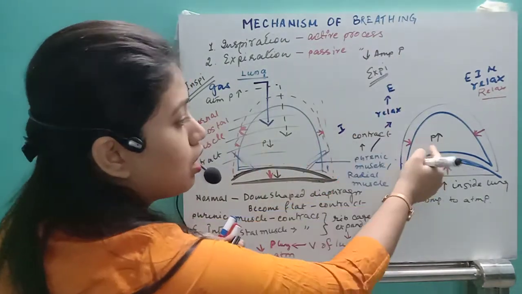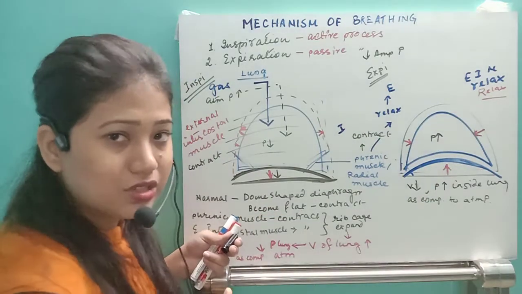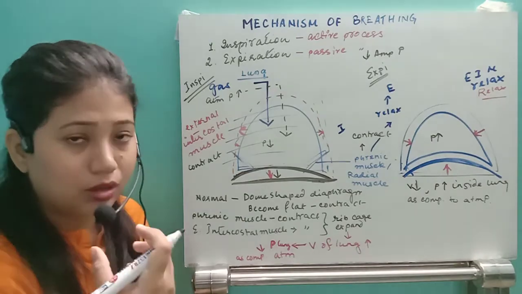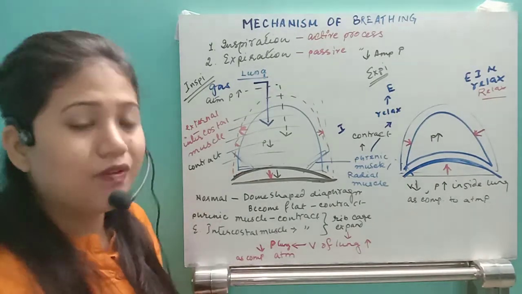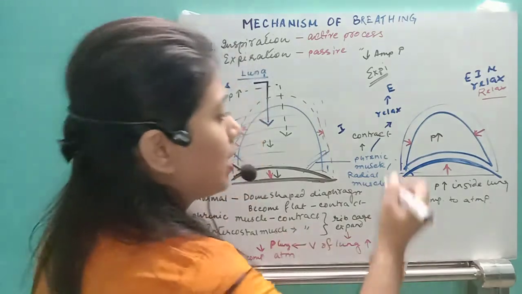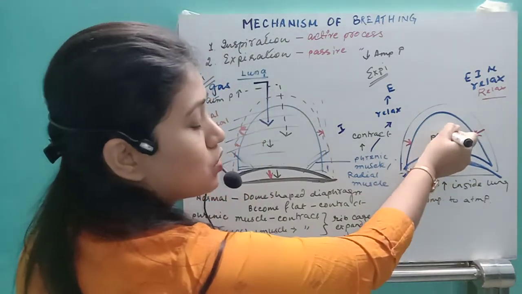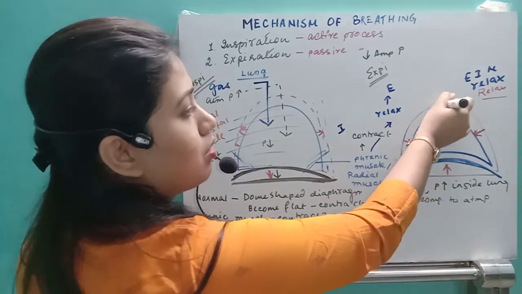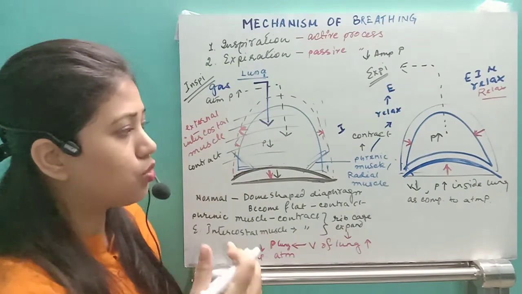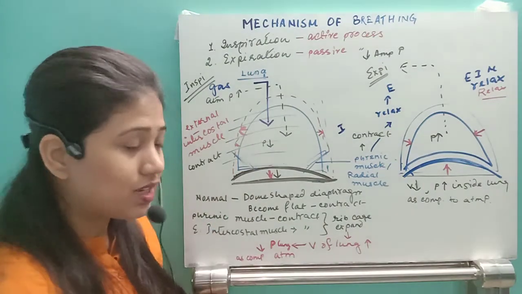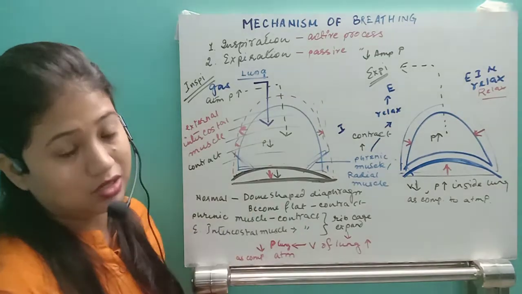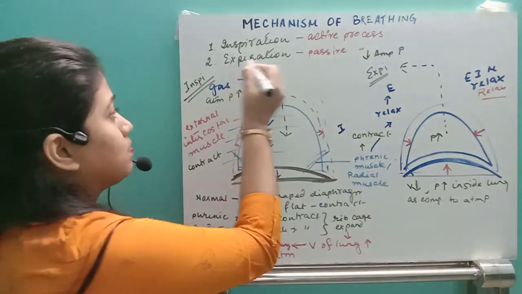As compared to the lung, the atmospheric pressure is lower. And we know, this is the law of nature, that the gases move from the region of higher concentration to the region of lower concentration. So the gases which have more pressure inside the lung will go outside. The gases present inside the lung, which basically have carbon dioxide, will move outside. This is the process of expiration.